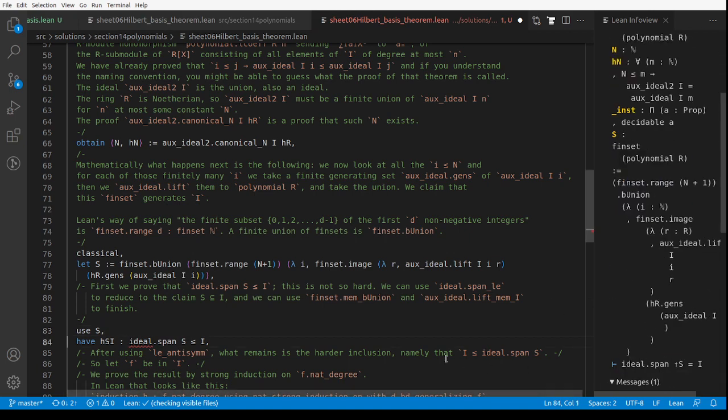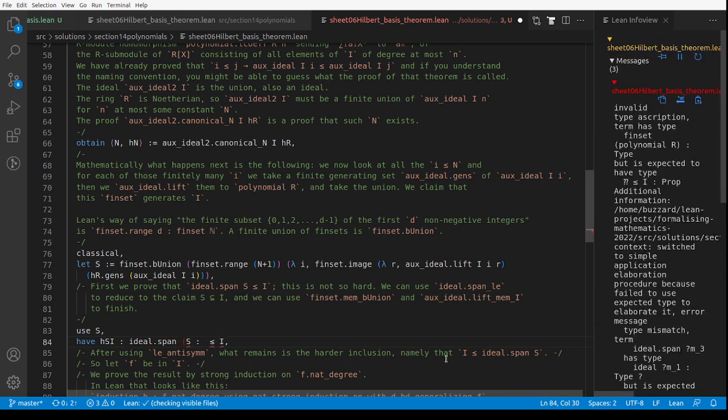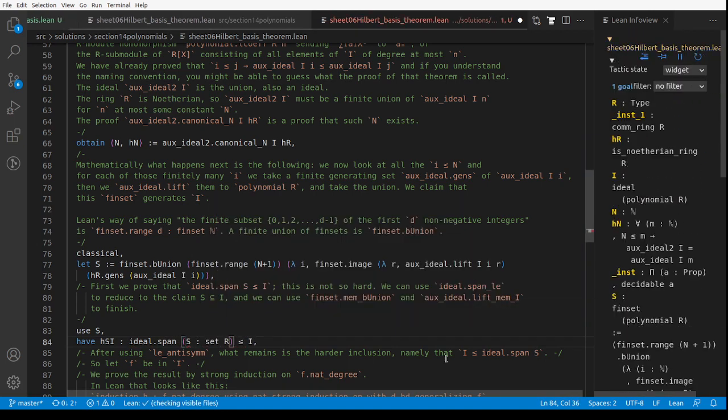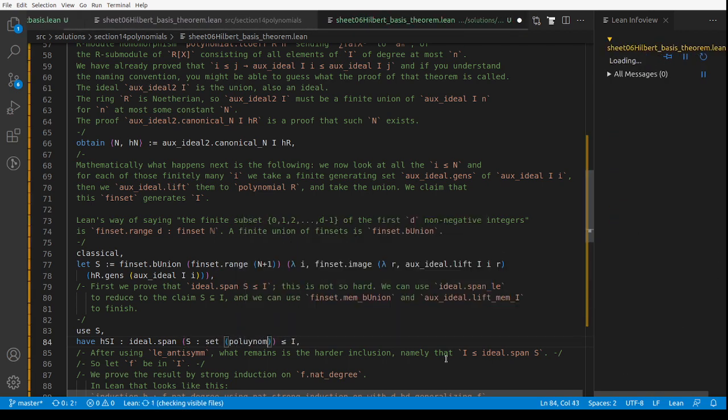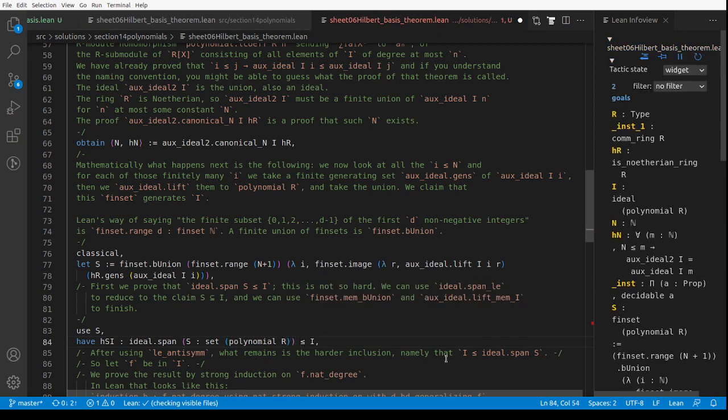Yeah, ideal dot span. Oh, it doesn't like the... I should say that S needs to be considered as a set now. Oh, it's set polynomial R. Polynomial R. Are you happy with that? Yes.